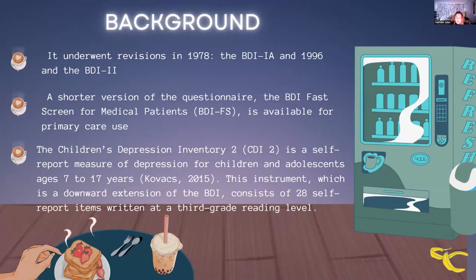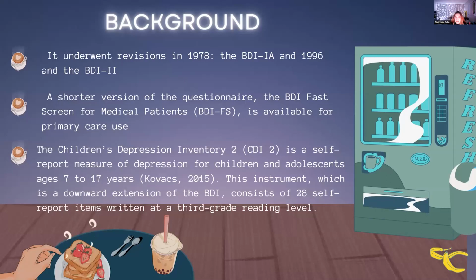It's available for primary care use. This is the one that you'll usually see when you see your doctor for quick visits. They'll give it to you at the beginning, just for that quick screening to see if you need additional services.